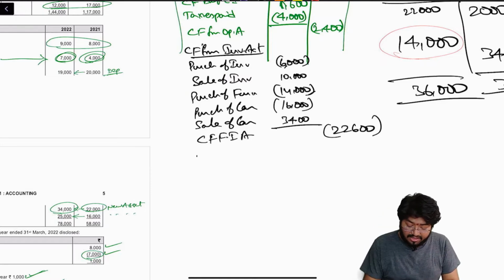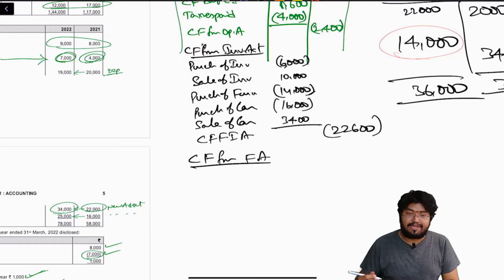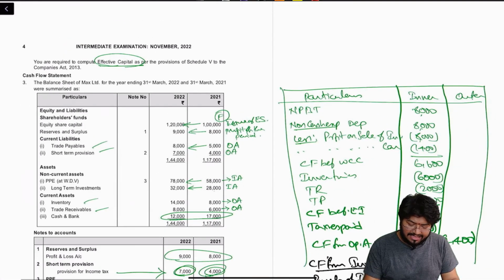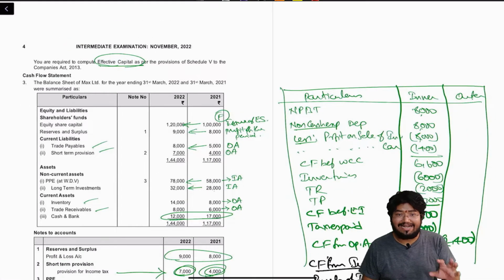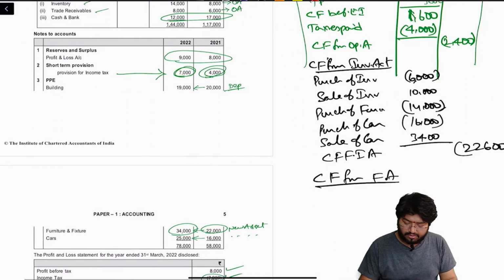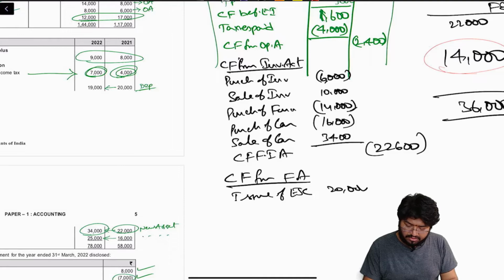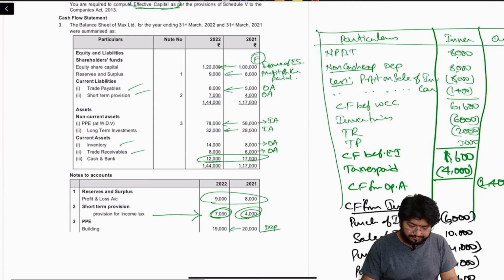Next, cash flow from financing activities. Let's begin. So first of all, equity share capital, he has told you that it has increased from 1 lakh to 1,20,000 and he did not tell you any other information, which means that 20,000 is issue of equity share capital. Do you agree or not? Yes, sir. Next, reserves don't bother.